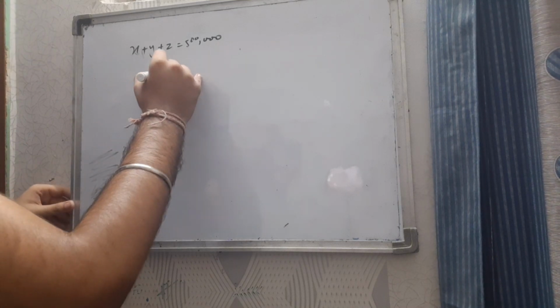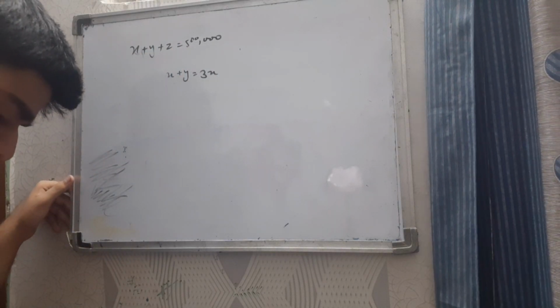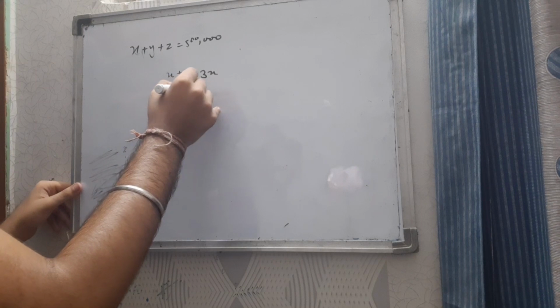And we are given two statements. The sum the trader paid for products X and Y combined was 3 times the sum the trader paid for product X. So X plus Y is equal to 3x. And the second statement is the trader paid more to purchase product Z than to purchase product Y. So Z is greater than Y.